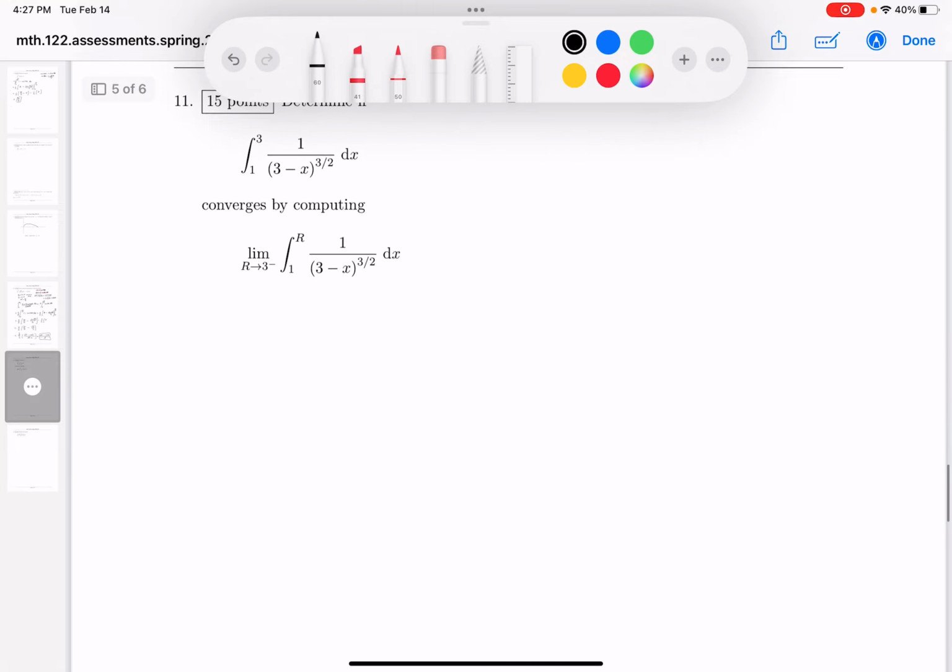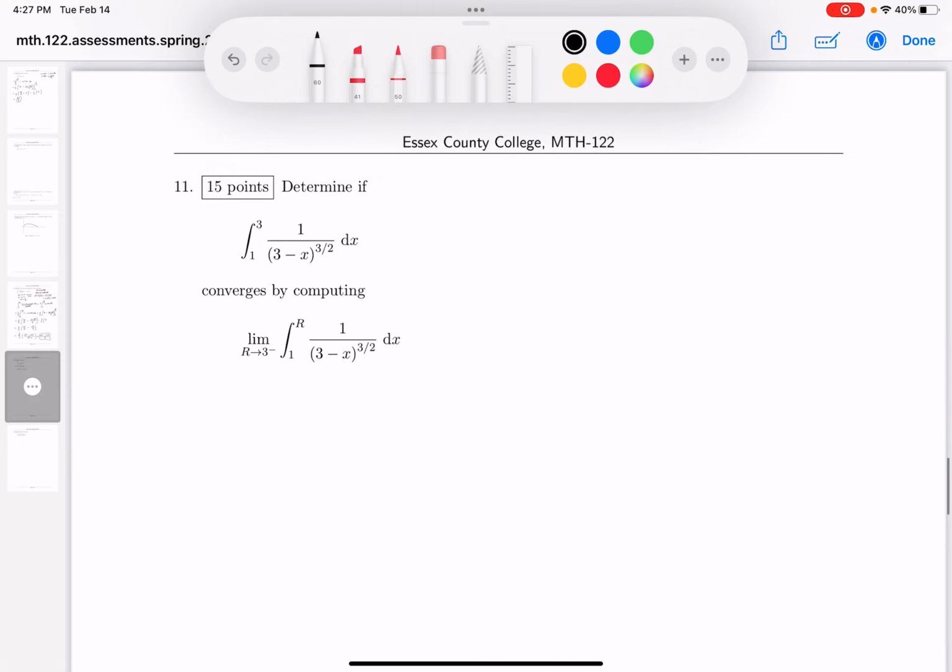Next one doesn't look bad. And before I do that, I like to do the indefinite integral first. And let me write that down for you. I think it's pretty easy to do. I'm going to make a u substitution. du would be minus dx.